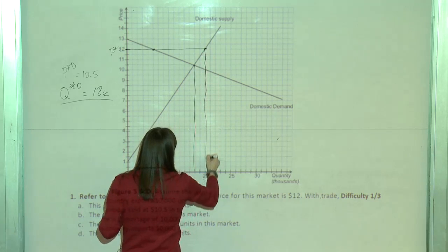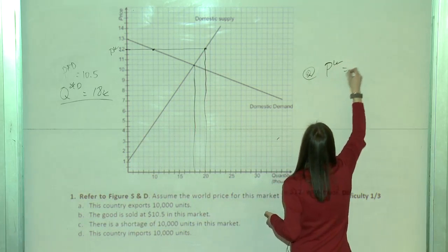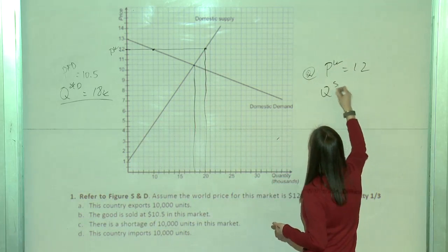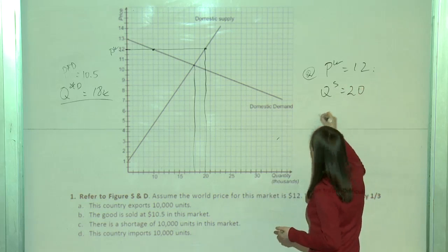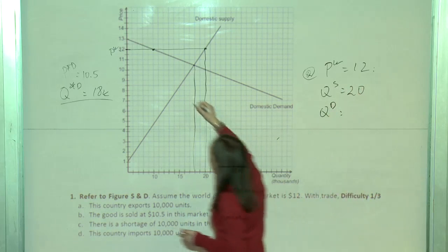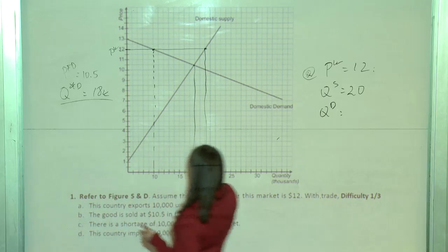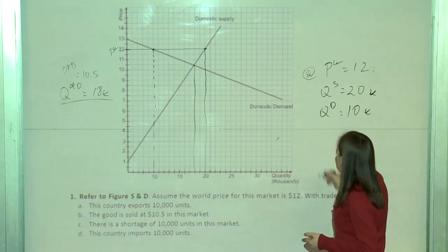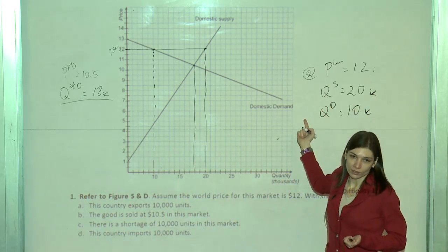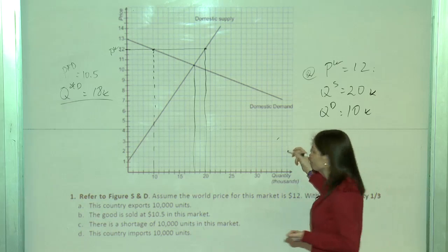So we just need to figure that out. At the world price of 12, quantity supplied would be 20,000, and quantity demanded would be 10, right? 10,000. So this country, because it supplies more than the domestic demand is, they're going to export the difference between the two.